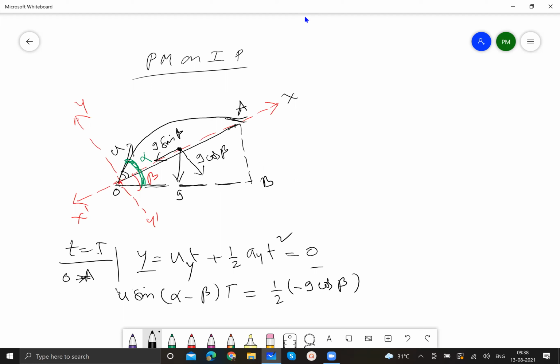So minus g cos beta into t square, which should be equal to 0. Therefore this minus sign will go. From this we get the time of flight, standard formula only, 2u sin(alpha minus beta) by g cos beta.